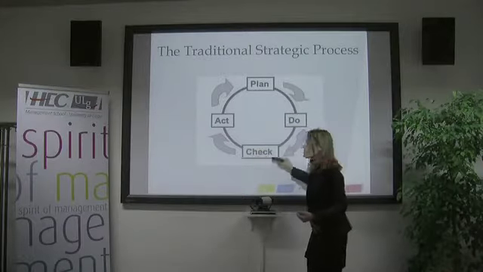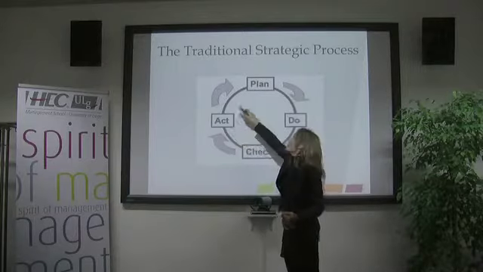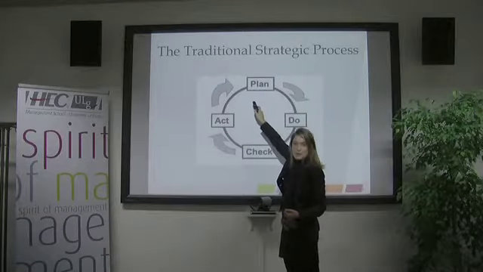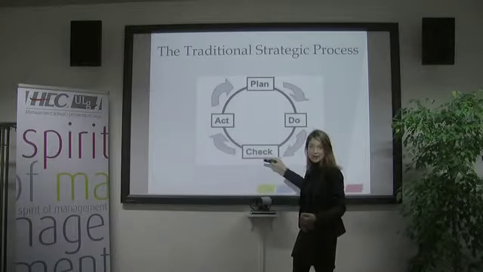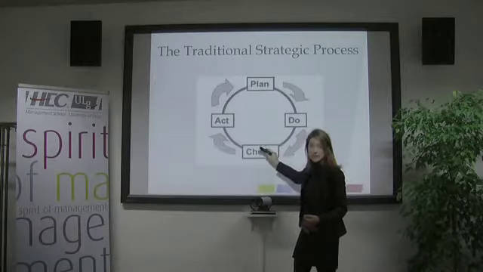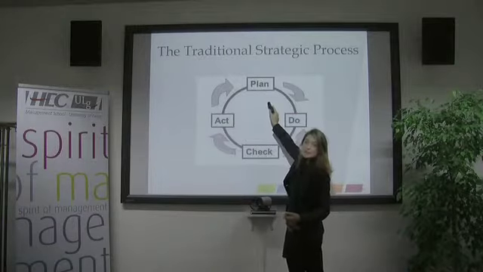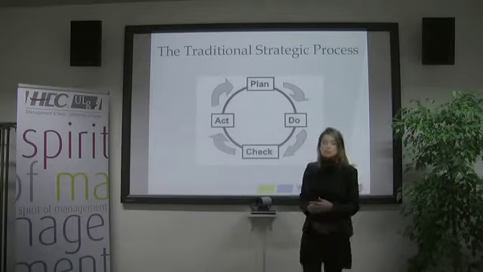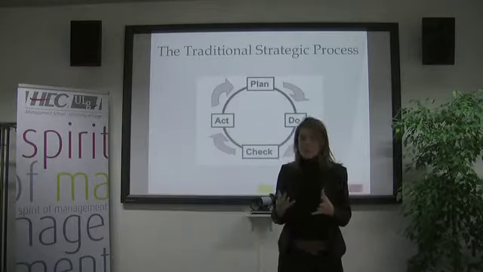And then based on this control, you can act and reformulate and adapt your plans. Okay? If you have not achieved some of your plans, why have you not achieved them? And the reason why you have not achieved them can help you to adapt your plans in the future. So that's the traditional strategic process.